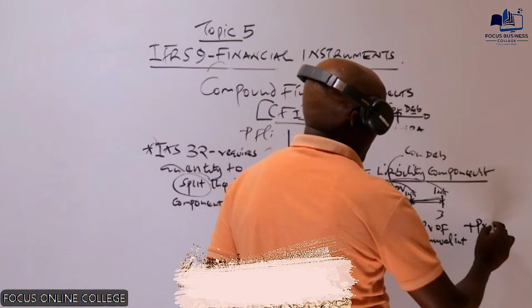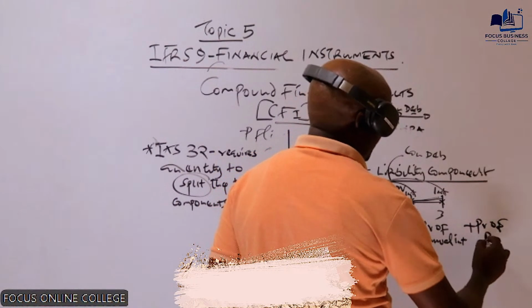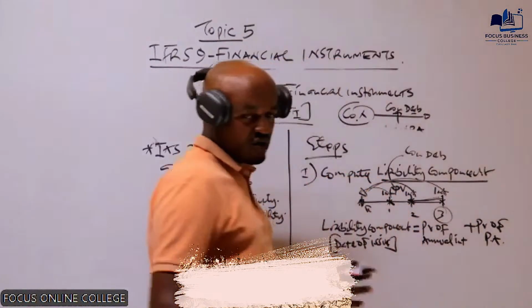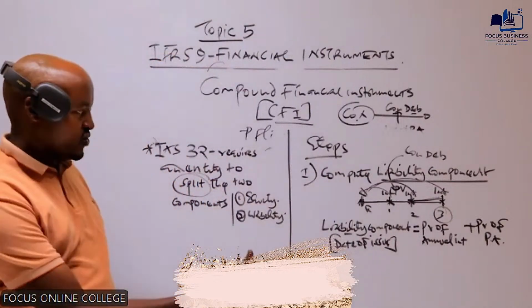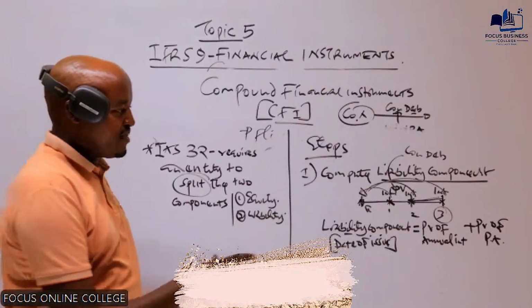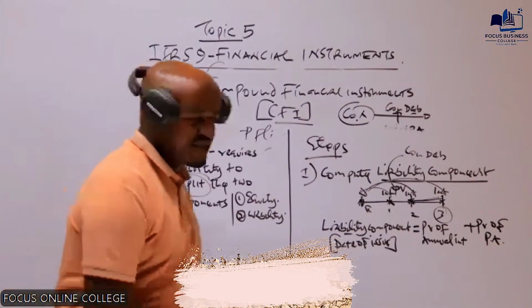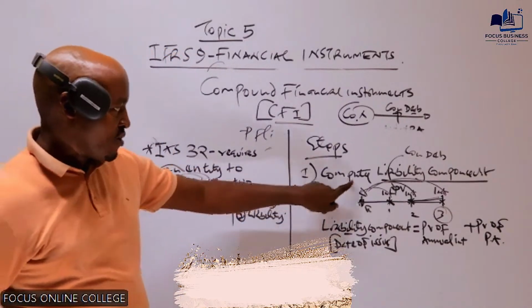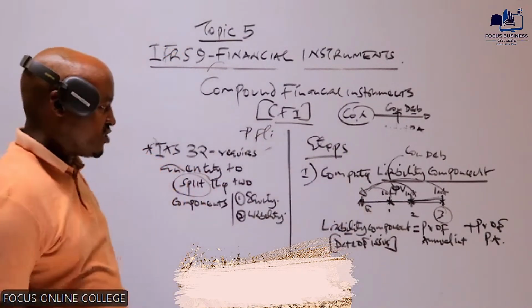And then to this, we add the present value of the principal amount, which is payable upon redemption. We add these two figures: present value of annual interest plus the present value of the principal amount. That is how we compute the liability component on the date of the issue.